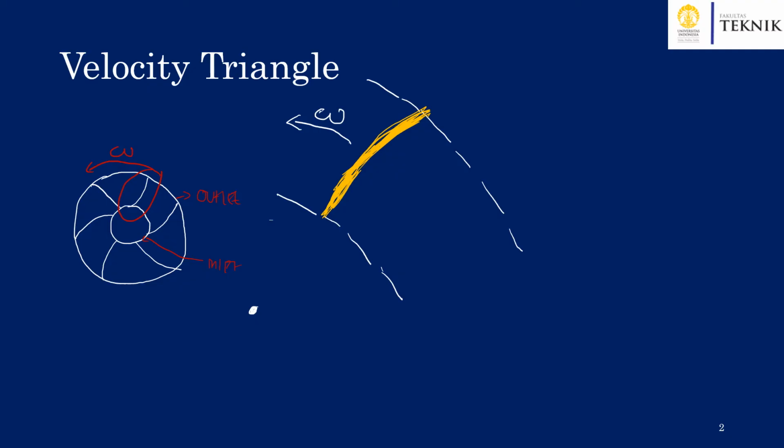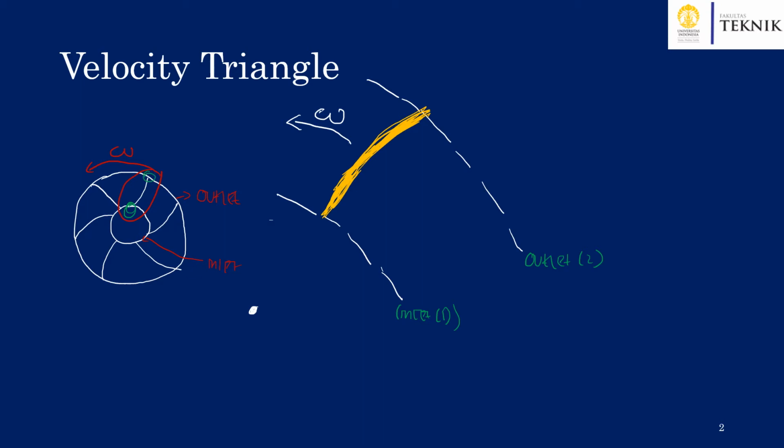Now that we have a clearer drawing of one single blade, this area is our inlet or area 1, and this is the region of the outlet or area 2. So this is the eye, the tip of the eye of the impeller, and this is the tip of the blade.